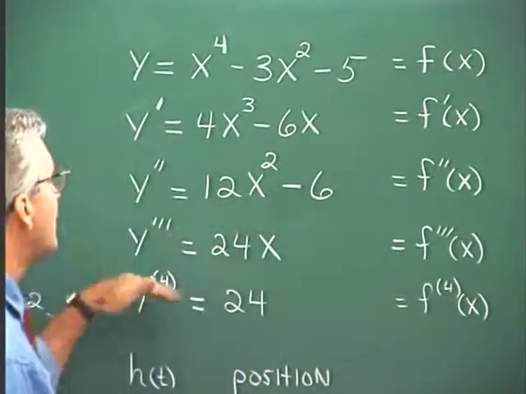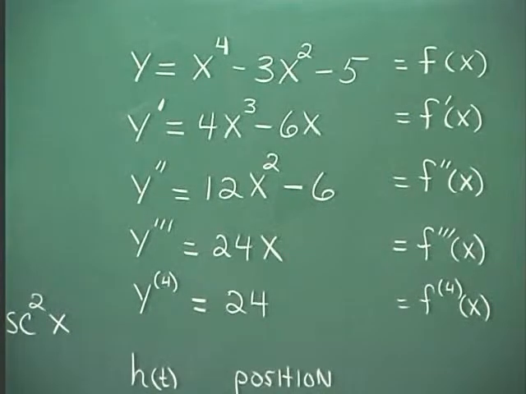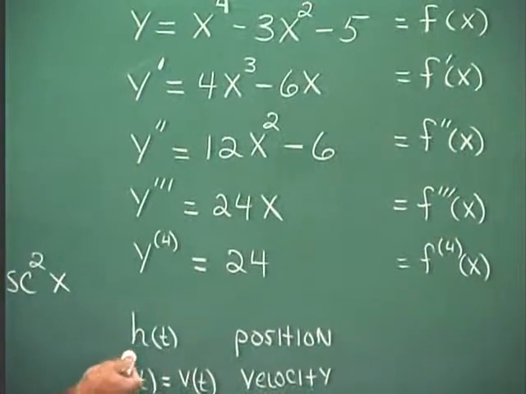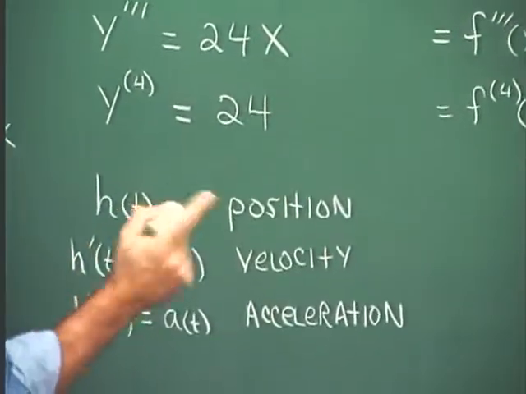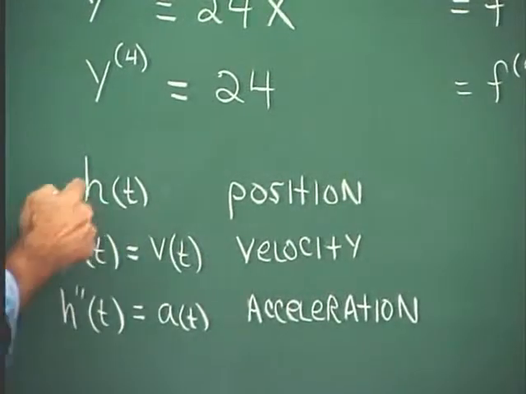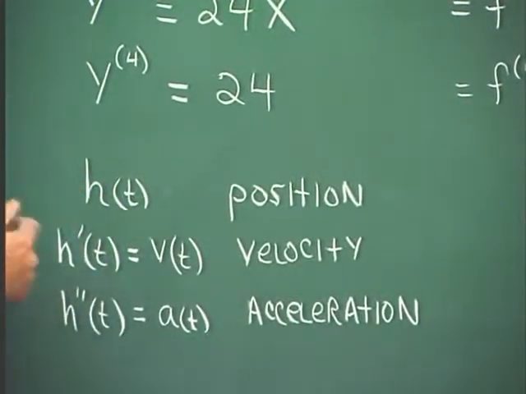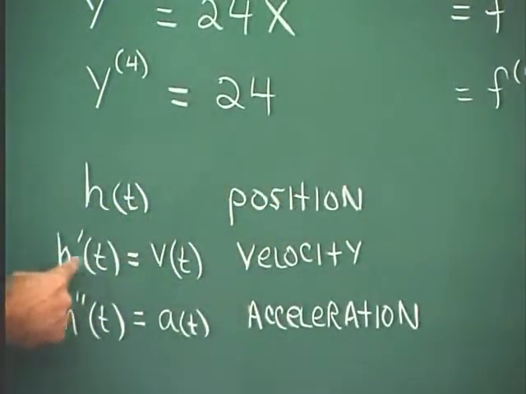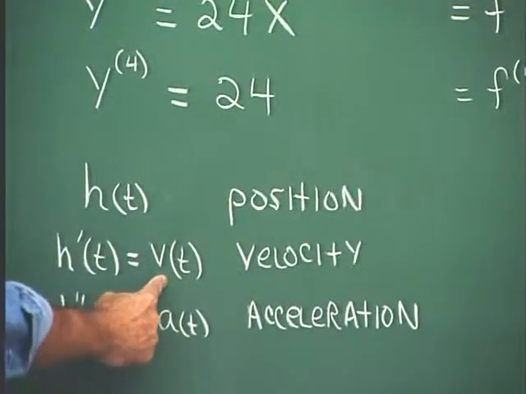Now, when we get into these lower levels of derivatives, here's the kind of thing that can happen. We talked earlier about h of t as a height function, and we called it a position equation. In many textbooks, it's actually s of t. S is for the height. I'm using h for emphasis here. So it's a position function, and then its derivative function is a velocity function that we could call v of t.